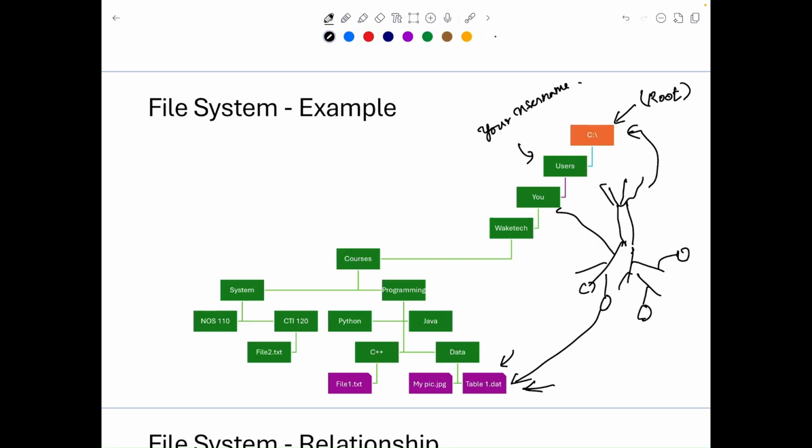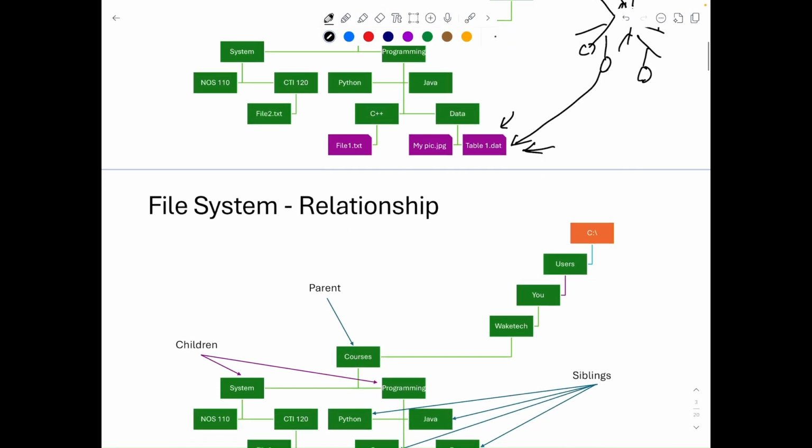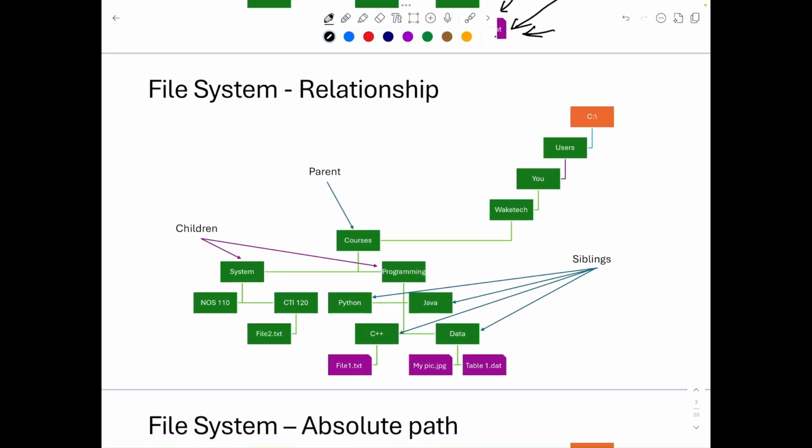Like I mentioned, this is a hierarchical system, so we have certain important relationships we need to identify here. Root is the grandparent, the great-grandparent, of all the directories and files under the root.